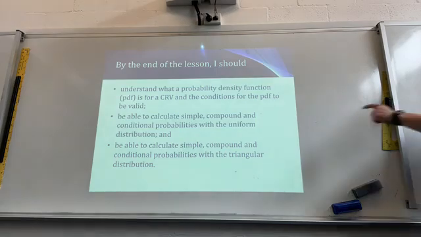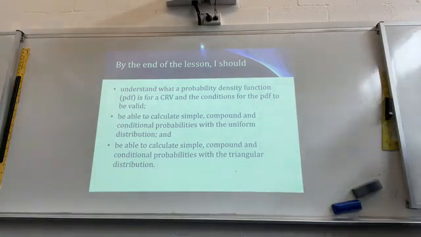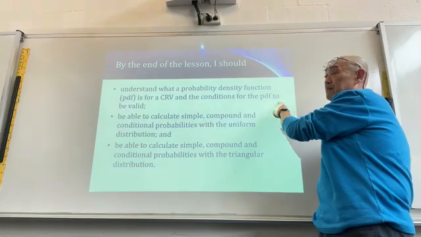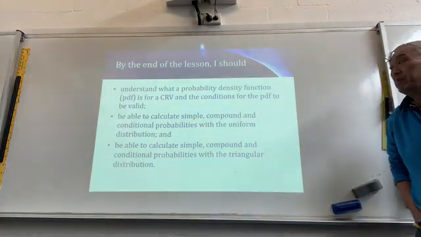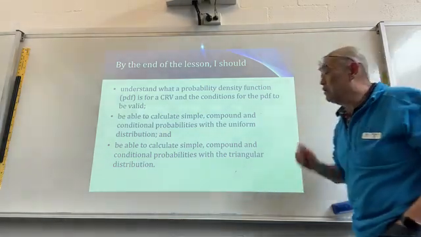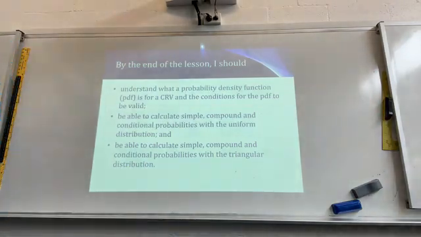Now this is the same as the probability mass function for the discrete random variable. Same condition, same way of testing it. You must be able to calculate simple, compound, and conditional probabilities with the uniform distribution. And I'm going to do the non-uniform distribution today as well, the triangular distribution.